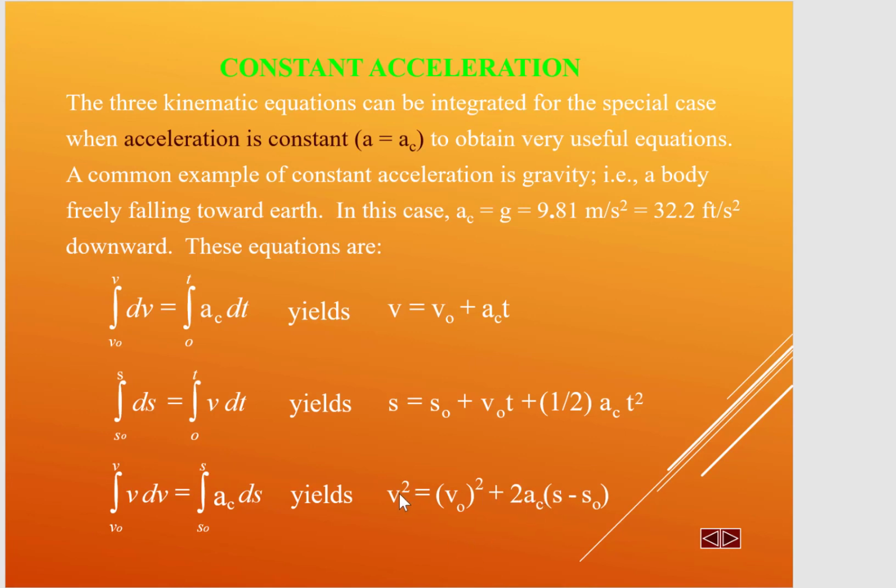So velocity squared equals initial velocity squared plus 2 times the acceleration times the distance traveled. So keep that in mind, as later on we'll dwell and talk more about that. I will introduce you to the chain rule, and we'll see how all that happens.